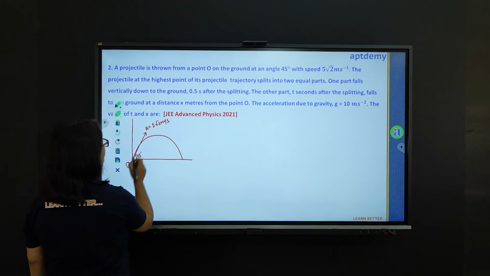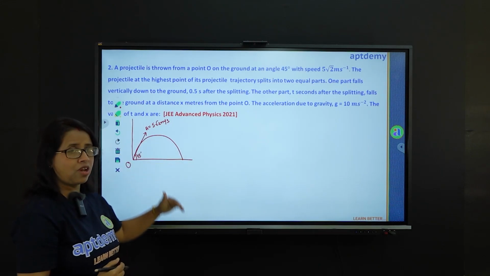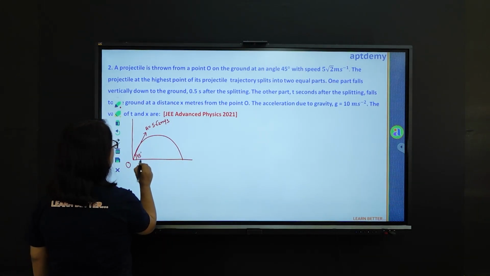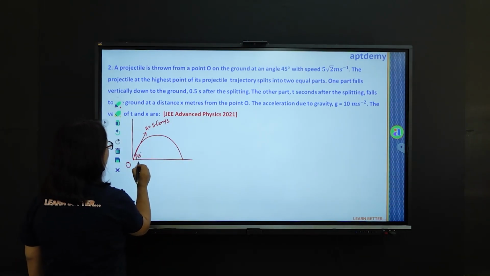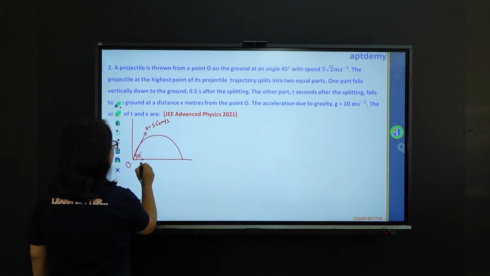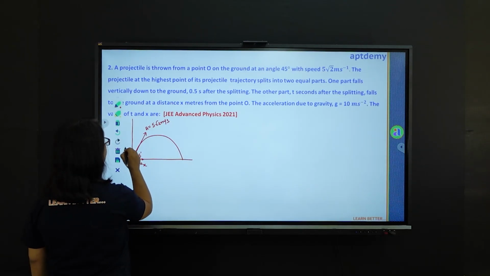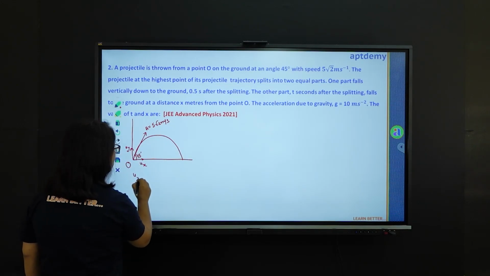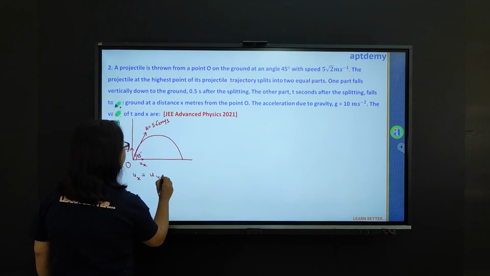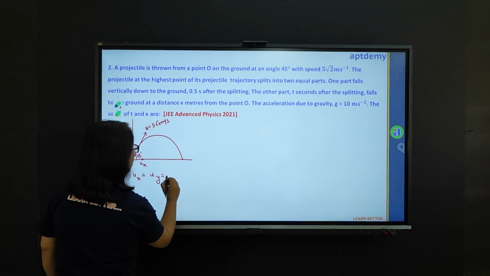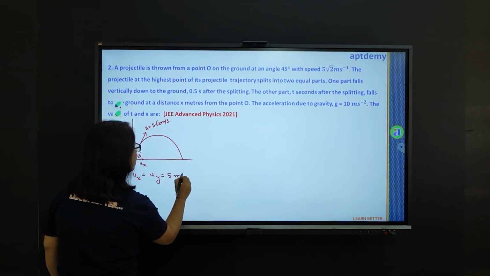So this suggests that for any point on the trajectory, the components of u, that is ux and uy, are both equal to 5 meter per second.